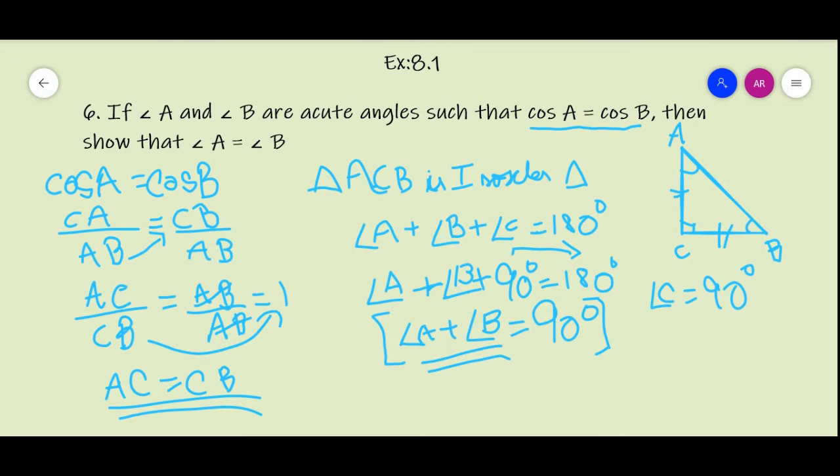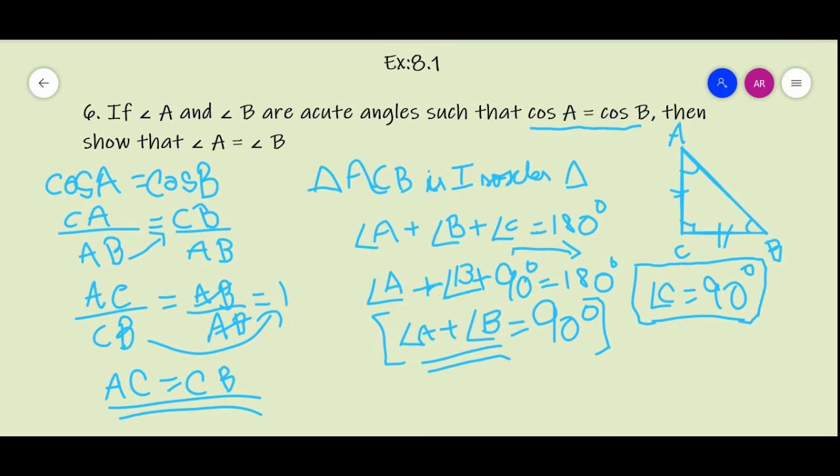It will not be equal for any other angle, because if we take any other angle as 90 degrees, then the sum would become 180 degrees. But in a triangle, the three angles should add up to 180 degrees, not two. But in here, we have one angle as 90 degrees, so it's not going to be equal to anything else. Only that angle will be 90 degrees. So we can say that angle A and angle B are equal.